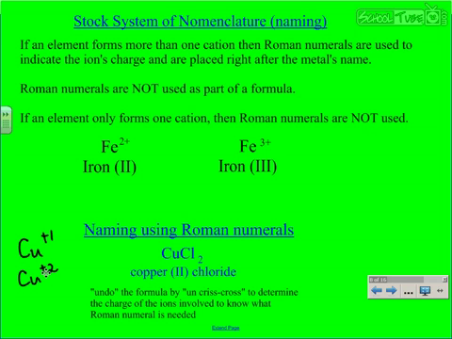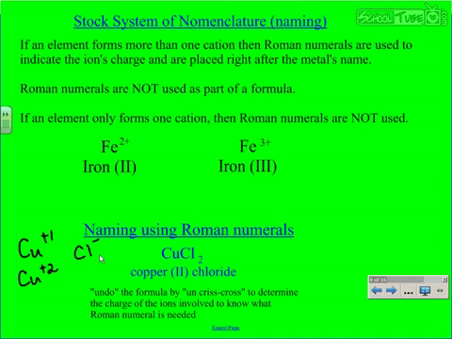Both of them, and the copper is bonded to the chloride ion. And how many chloride ions do I have? I have 2 chloride ions. So the copper plus 1 with the chloride ions, 1 chloride ion, which copper does it have to be?